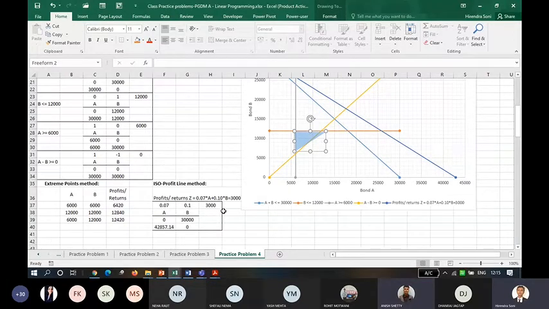सर आपने वो वैल्यूज नहीं लिए क्या जो you calculated there, the profit returns? कौन सी?